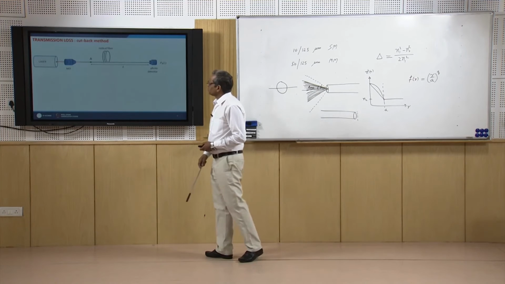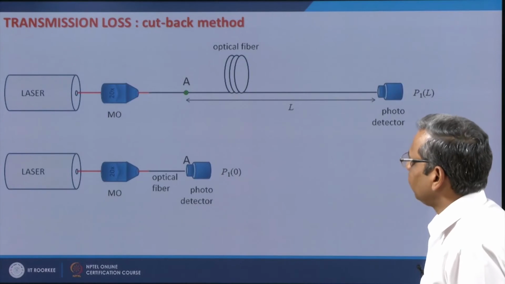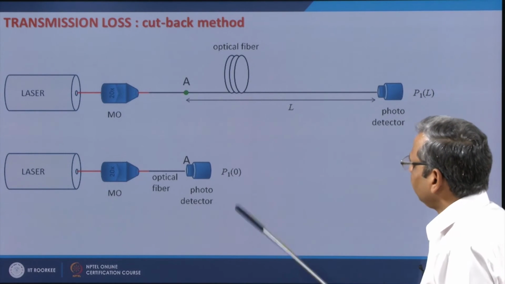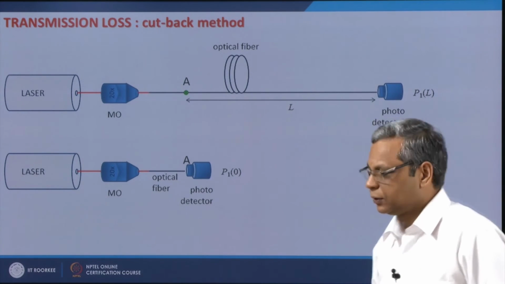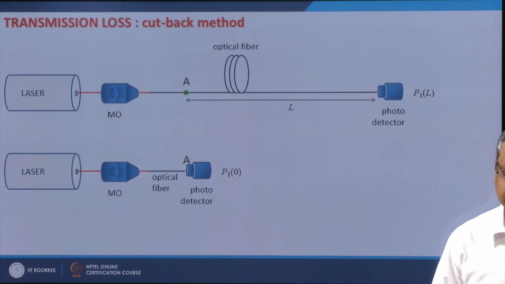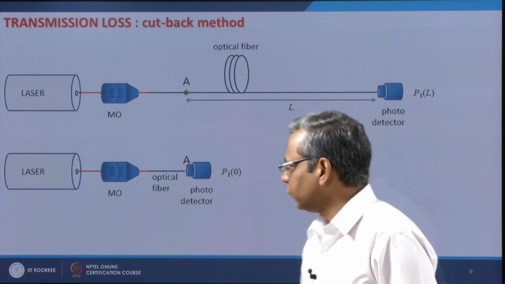Now what you do, you cut the fiber here where you had marked it at point A, and remove this and put your photodetector, it is a large area detector, so that you can collect all the light coming out of the fiber.